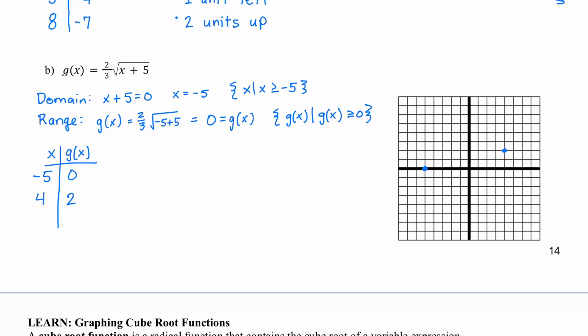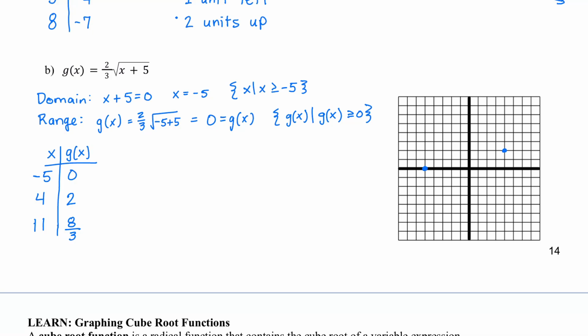And the next number that would give us a perfect square after 9, we would want 16 under there, so we'll plug in 11. When we plug 11 into our function, we're going to get the square root of 16, which is 4, and 4 times 2/3 is 8/3.